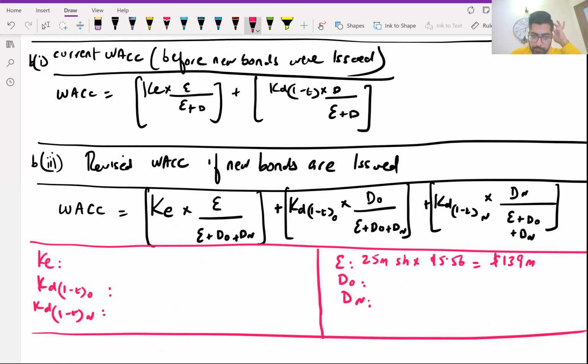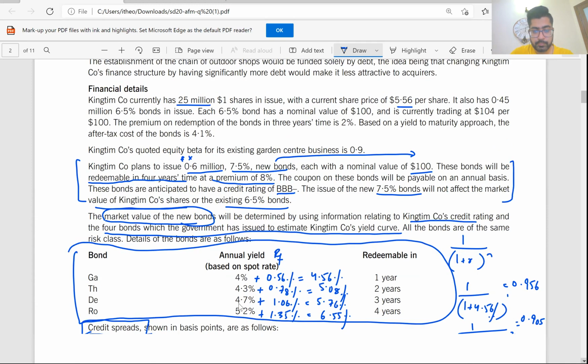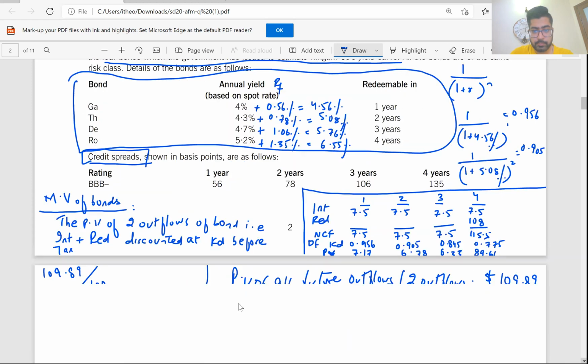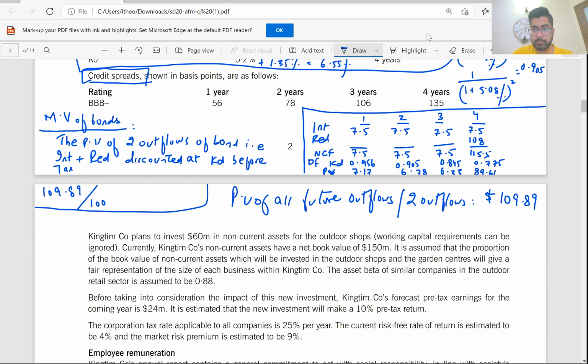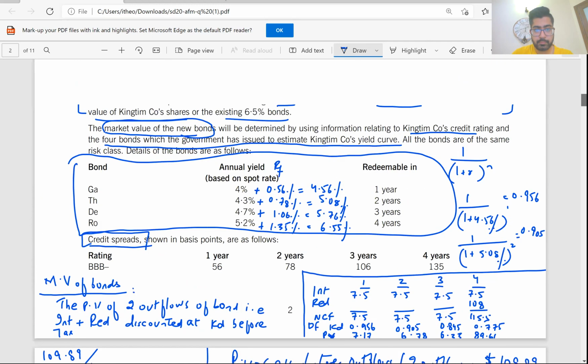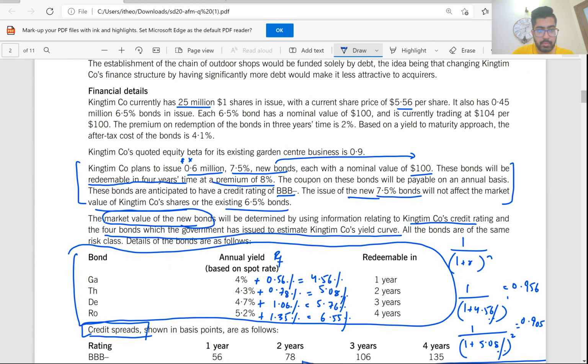It's clearly mentioned that the issue of new bonds will not affect the market price of shares and the existing bonds. So number of shares into share price, you can equally use.